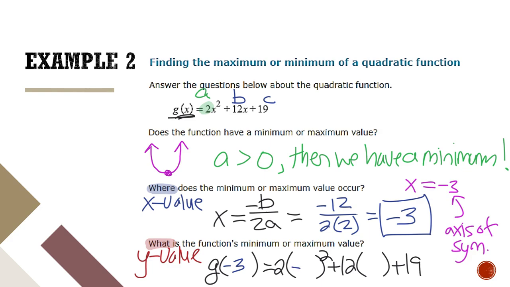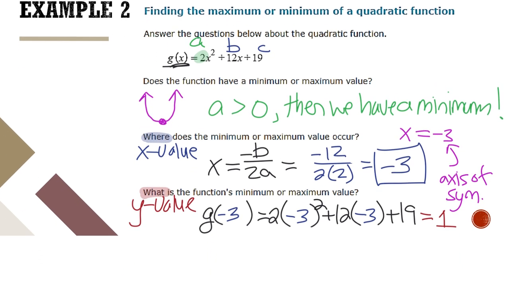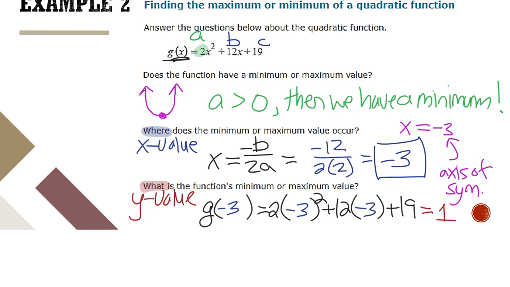So wherever there was an x, I put that negative 3, and I get my value of positive 1. This is my value for that. So if you think about this, we have this as my answer. By the way, that is the y value of the vertex.